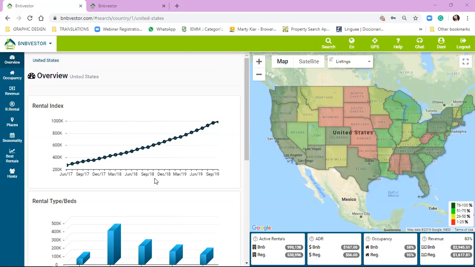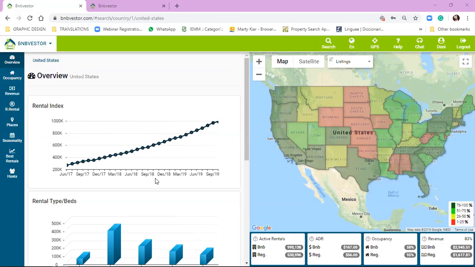Now, you know that B&B Vester is a global analytic for vacation rentals and bed and breakfast, okay? In other words, a very comprehensive database for B&B listings. So what you can do here is analyze any area you choose or wherever you buy your product, of course, to see what's the best area where you can invest in B&B.